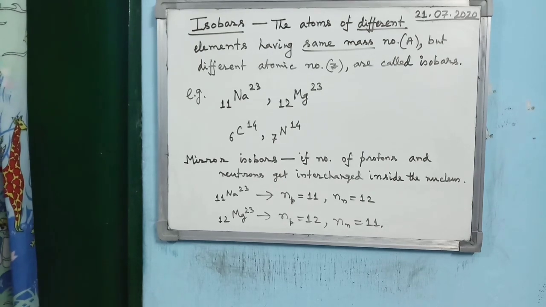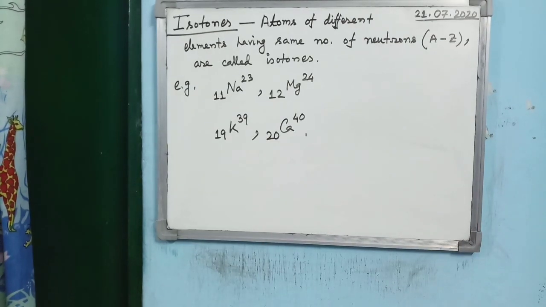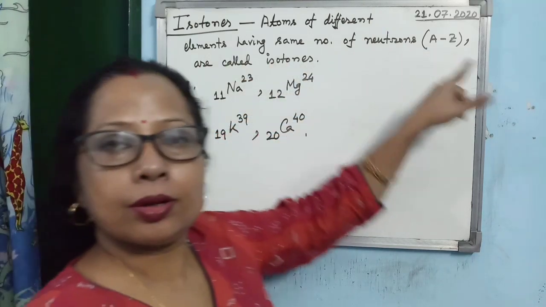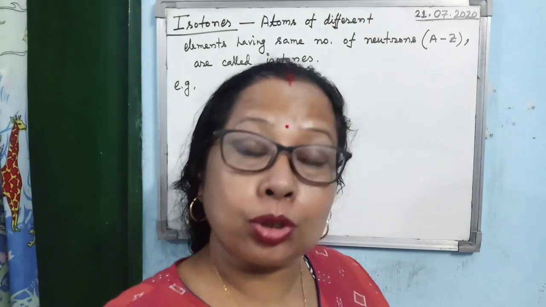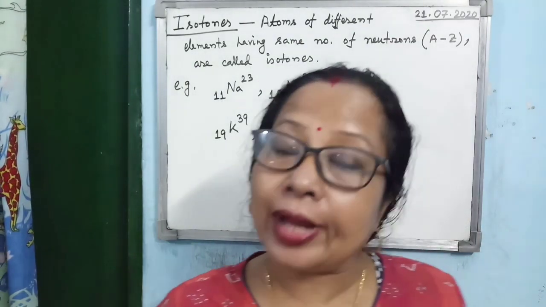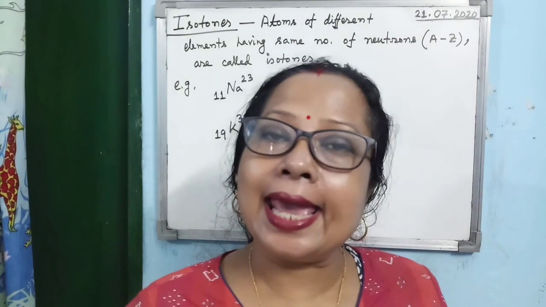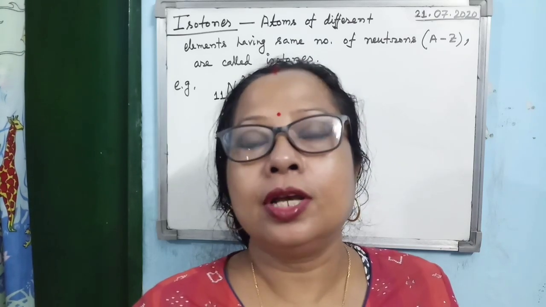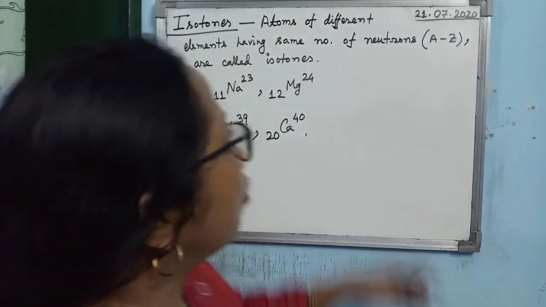Alright. The next is the concept of isotones. The term tone comes from neutron. Okay, so what are isotones? Atoms of different elements having the same number of neutrons. So the same number of neutrons means what? What is the neutron number?